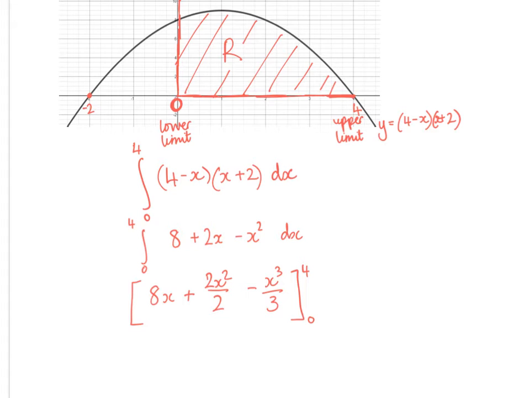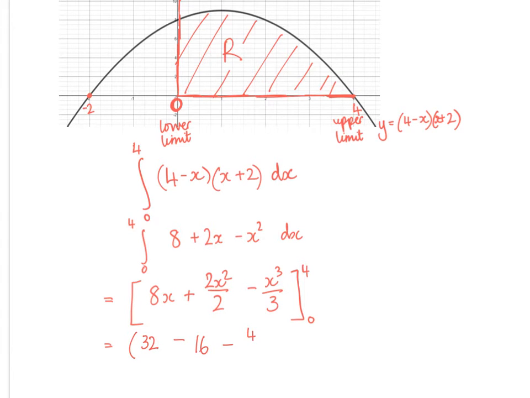So we'll substitute in our upper limit, which is 4, so it gives us 32 minus, well that's just x squared, so that's 16, minus 4 cubed over 3.